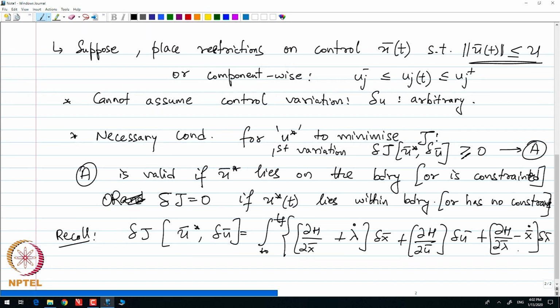So, the last one was the state relation, the first one was the Euler-Lagrange equation, and the second one was the control equation, right.